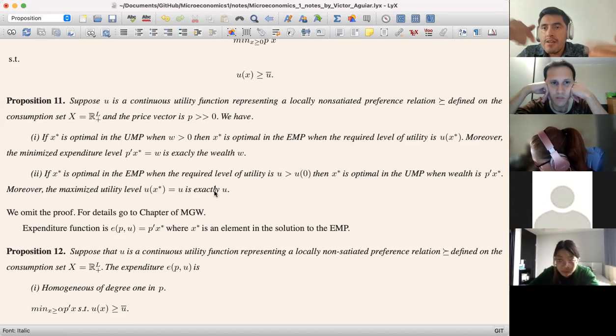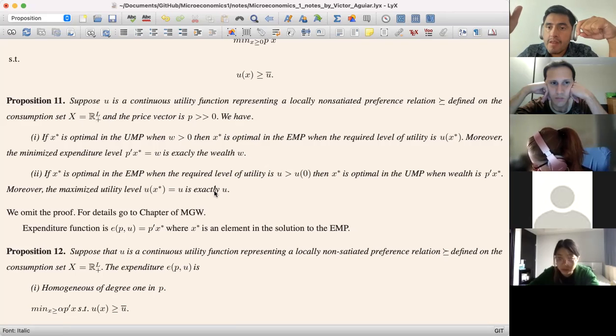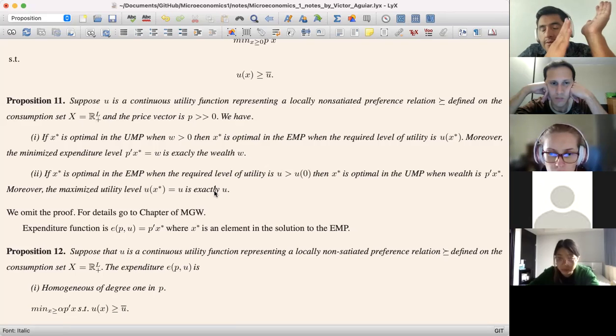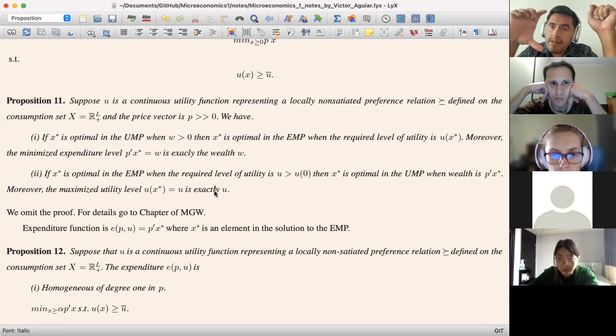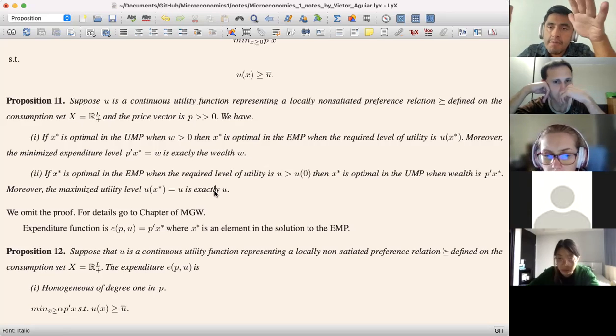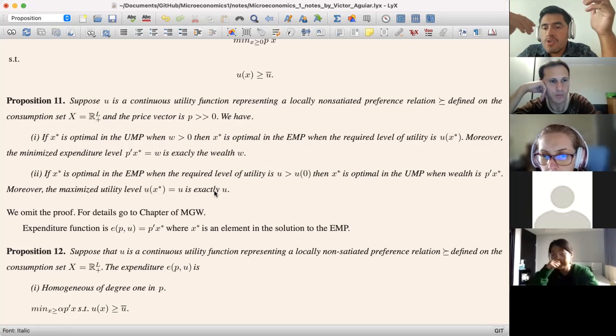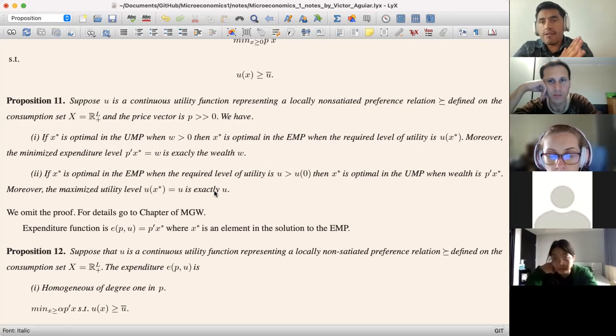Now, the other part, if you take the optimal expenditure level, you feed it as part of the budget constraint to the utility maximization problem, right? And you obtain the solution to the UMP, the optimal bundle that you would have obtained from the EMP, okay? So these are basically mirror image problems. And then we're gonna use this fact to learn more about the UMP.